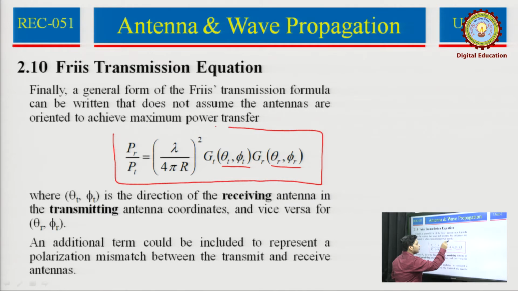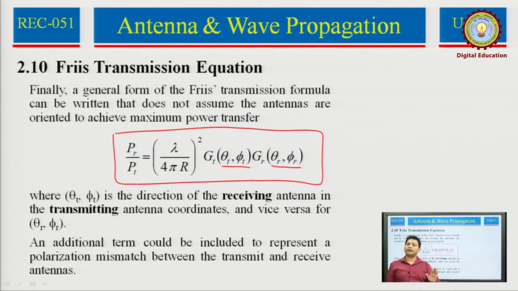This is a very important relation: PR upon PT is nothing but (lambda upon 4 pi R) whole square into gain of the transmitter antenna into gain of the receiver antenna. In most cases, if identical antennas are used for transmitter and receiver purpose, then the gain of the transmitter antenna is equal to the gain of the receiving antenna.